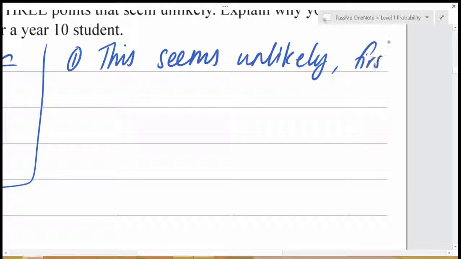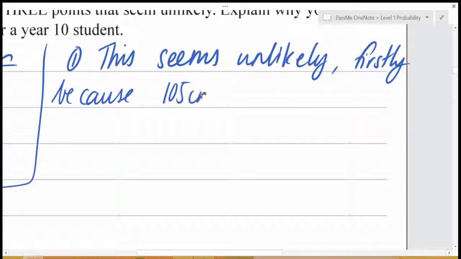Firstly, because 105 cm is so short, probably not impossibly short, but certainly very, very rare to have that kind of height.